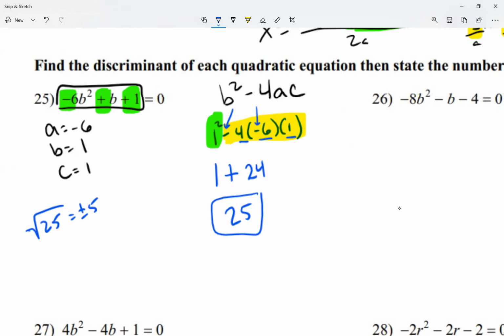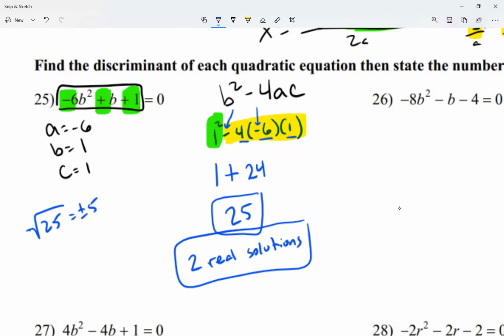When we have the square root of a positive value, in this case positive 25, I'm going to have two real solutions, because if I asked you the square root of 25, you come out with two possible answers.